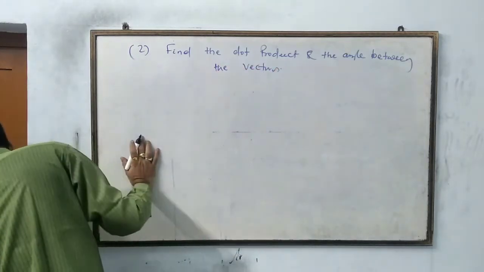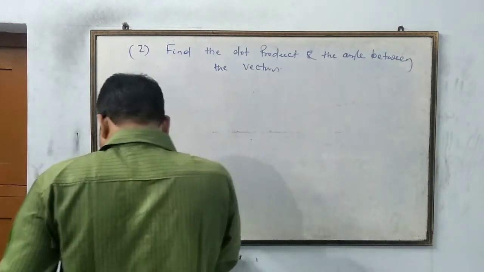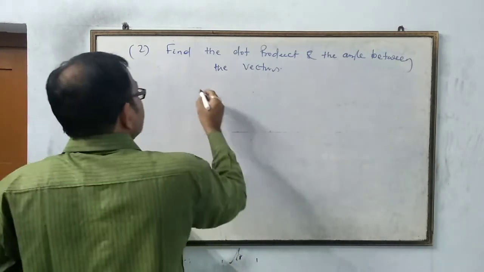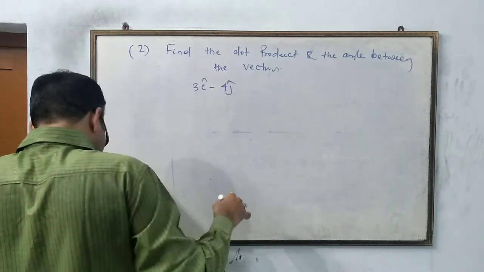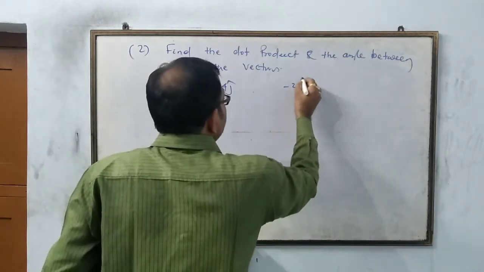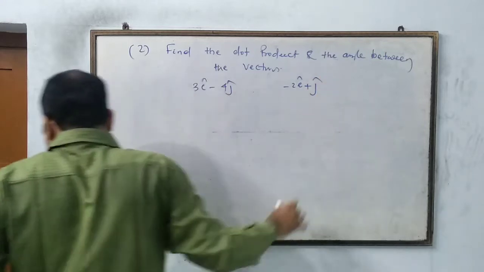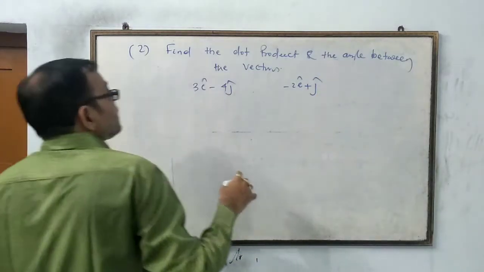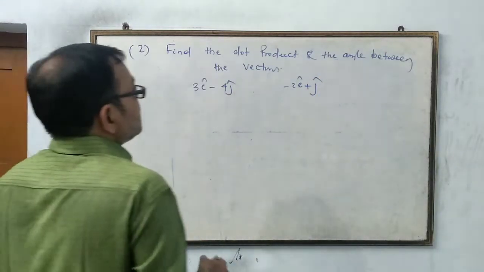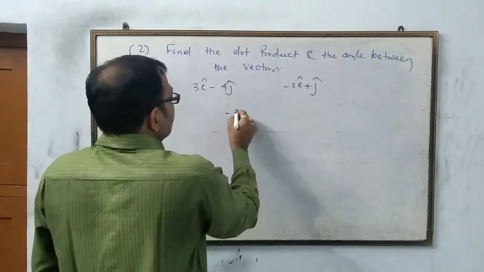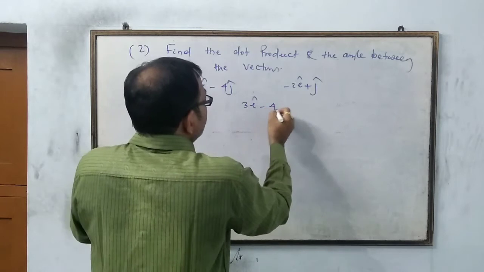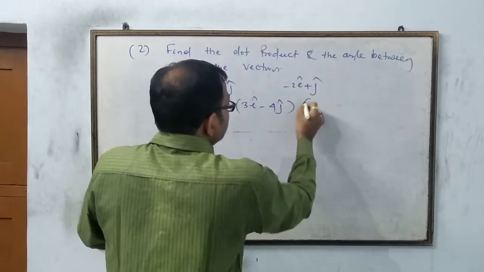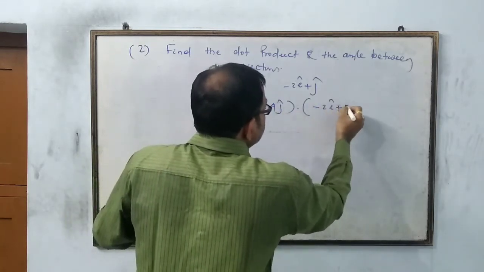Two vectors are given. One is 3i minus 4j, the other is minus 2i plus j. What do we do? We have to find the dot product. The dot product is (3i minus 4j) dot (minus 2i plus j).